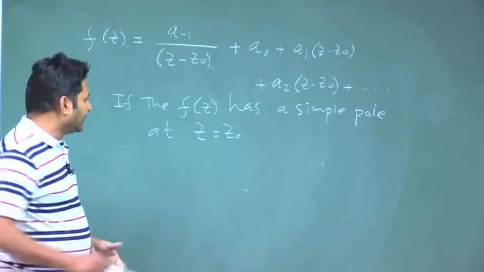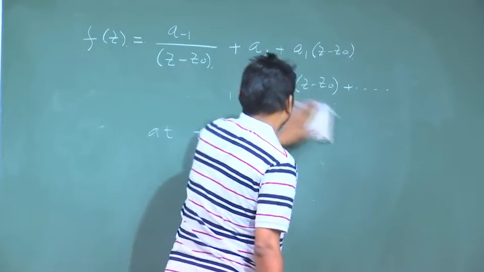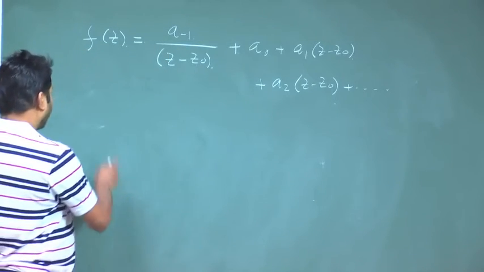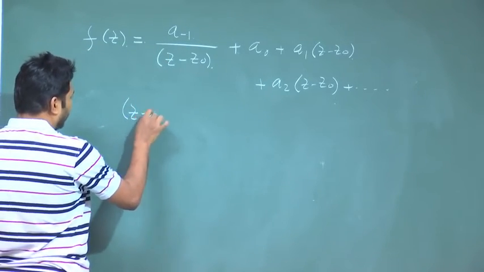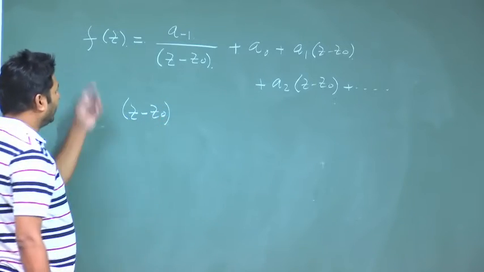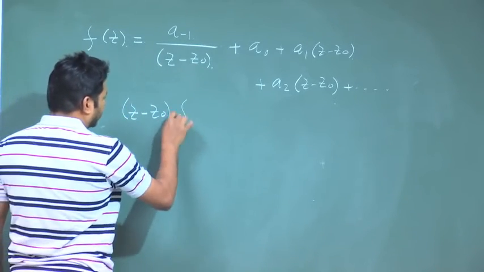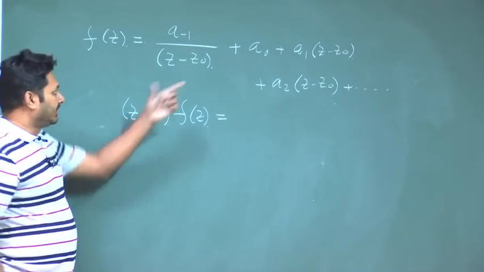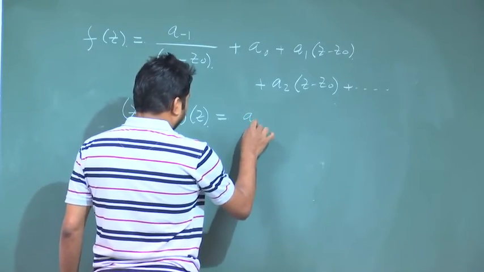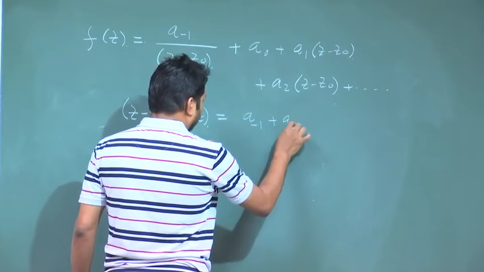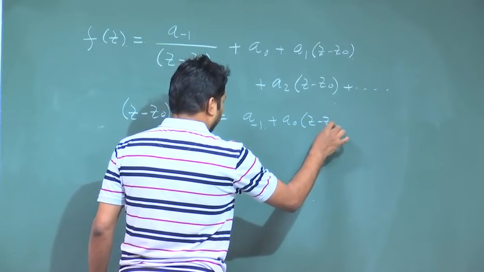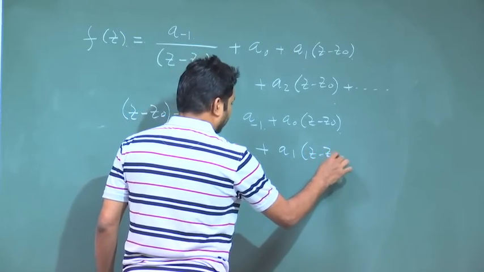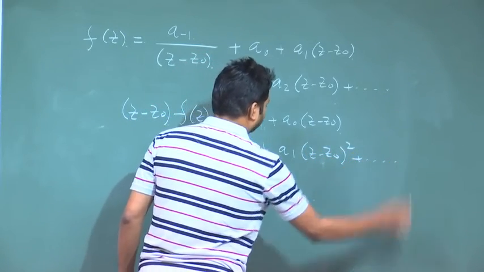Once I expand this function in this way, it is easier to calculate a minus 1. How to calculate a minus 1? I will just multiply the quantity z minus z0 to the entire function. The right hand side will then be a minus 1 plus a0 (z minus z0) plus a1 (z minus z0) squared and so on.